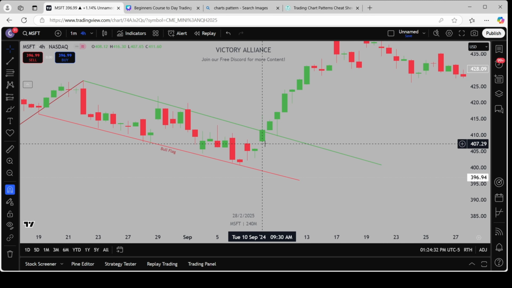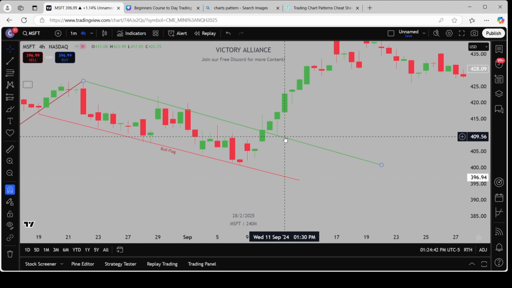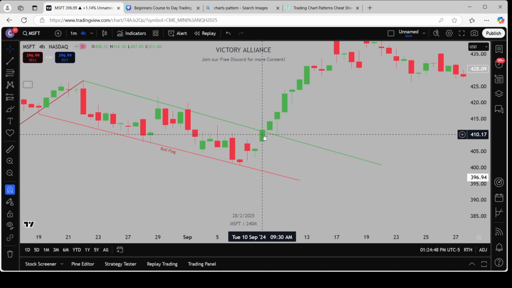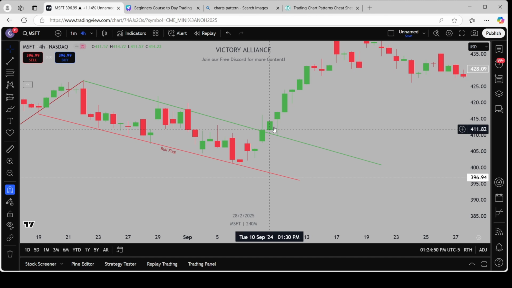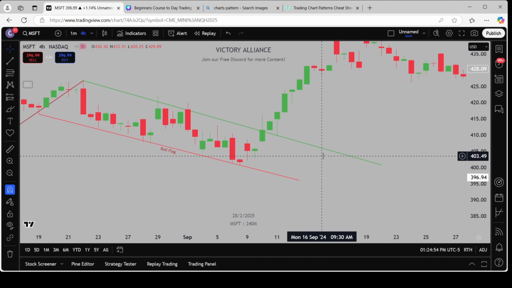So you got the body of a candle and you got the wicks. The wicks are pretty much just showing you the shadow of the body. They're just telling you how high that candle went and how low that candle went. But the open and close is the body of the candle.